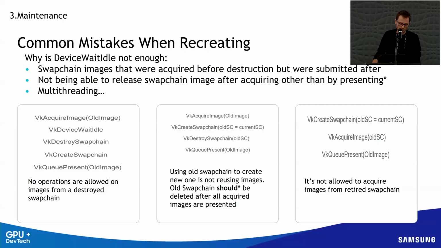trying to use an image from a Swapchain that was already destroyed. So in the picture, this is a logical order of operation that's wrong. You acquire image from the old Swapchain, you synchronize everything, you destroy your old Swapchain, you create your new Swapchain, and you try to present the image that you got from the old Swapchain.